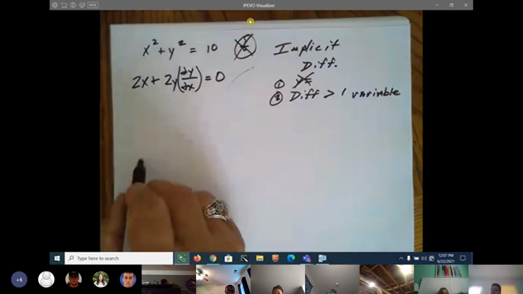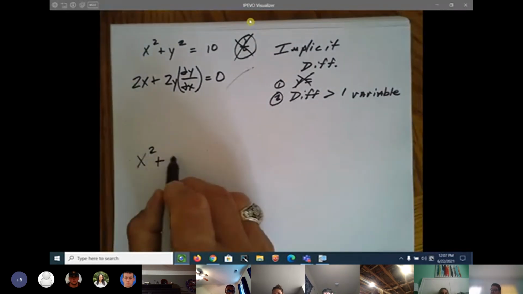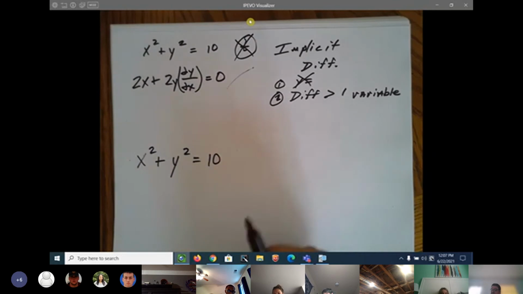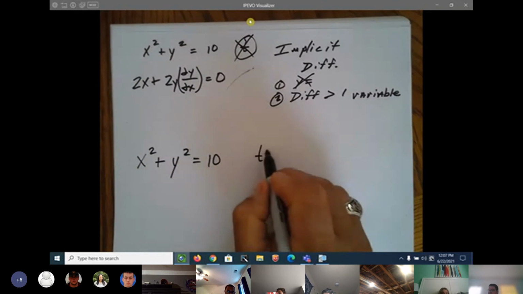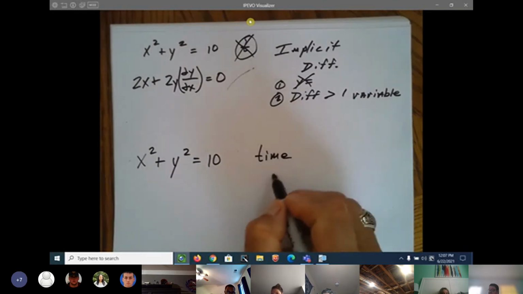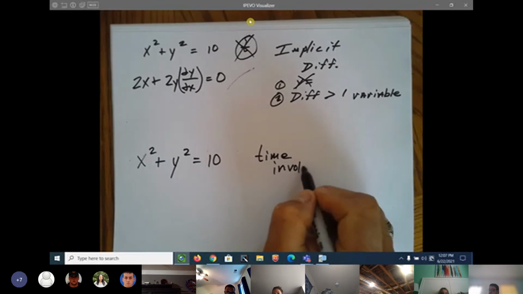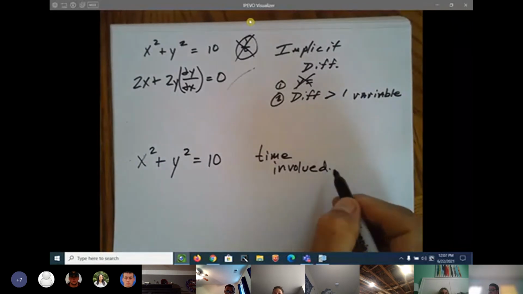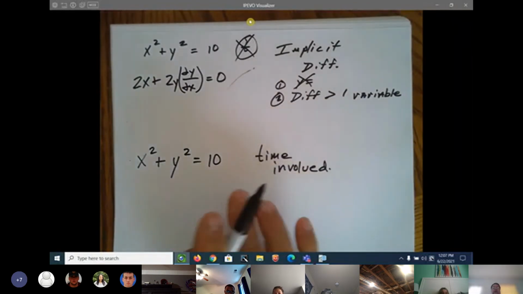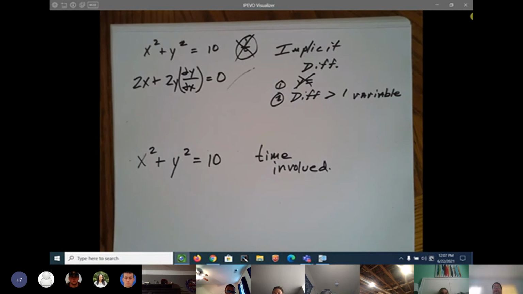So if you're taking x squared plus y squared is equal to 10, and time is involved, what can you say about all the problems with related rates? Feet per what?